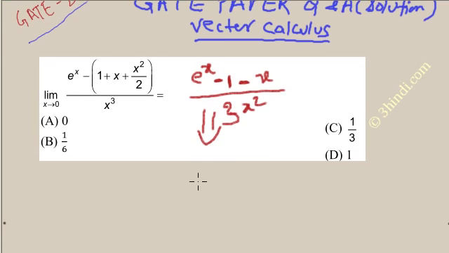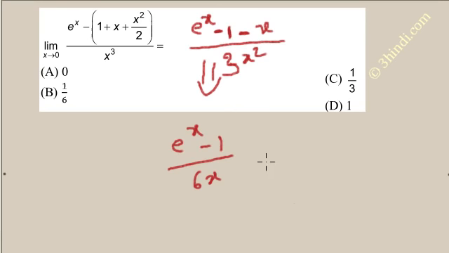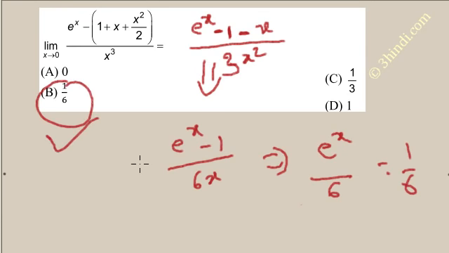So if you again differentiate it with respect to x, numerator and denominator, you will get e to the power x minus 1 divided by 6x. If you put x is equal to 0, you will get again 0 by 0, so you require to differentiate it again. If you differentiate it again, you will get e to the power x divided by 6. Now put x is equal to 0, you will get 1 by 6. So 1 by 6 is the answer.